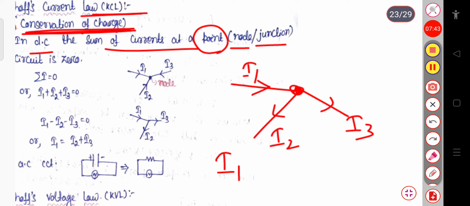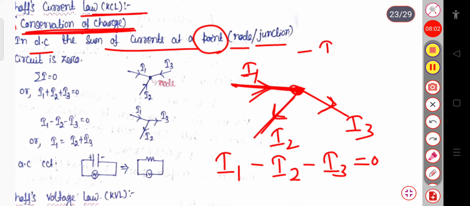If I consider I1 as positive direction, then I2 and I3 are in the opposite direction to I1. So you can write minus I2 and minus I3, that is equal to 0. Or you can take I1 as negative, then I2 will be positive and I3 will be positive. This is also true, that is equal to 0.